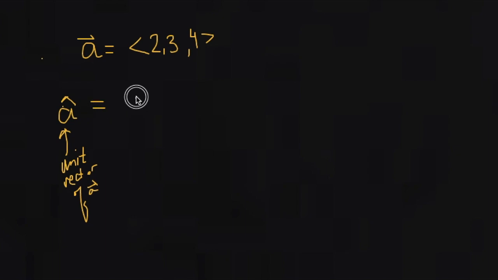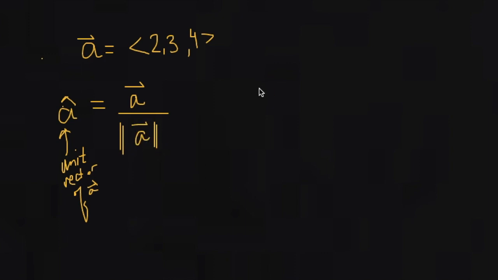Now that we've talked about the unit vectors i, j, and k, we are going to find out how to convert any vector into a unit vector. So say we are given vector A, 2, 3, 4. The equation of unit vector A, which is A with the hat on top, just like the unit vectors i, j, and k, is going to be equal to the vector, which is given up here, divided by the magnitude of the vector.